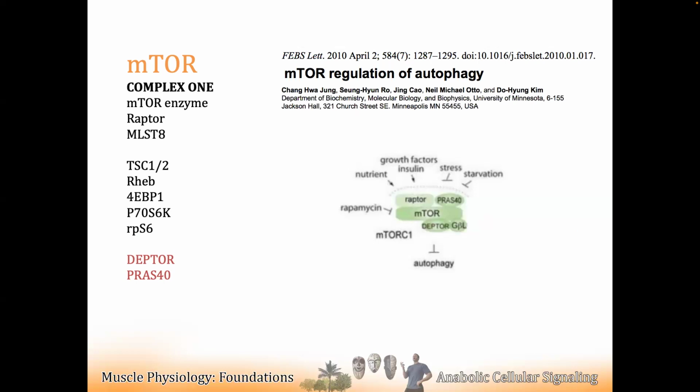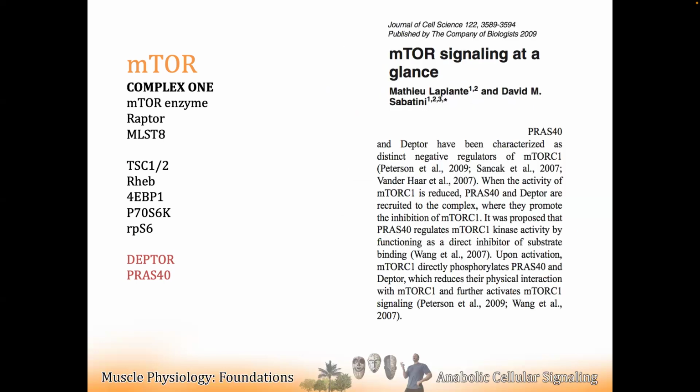Deptor finds its own solution. It creates the problem, but it solves it. So Deptor is fascinating. Again, Deptor and Pras40 are both negative regulators of mTOR. When they get phosphorylated, it reduces their interaction with mTOR, but they're not just simple stage props. Deptor and Pras40 are people too.